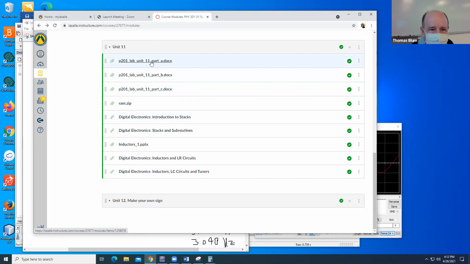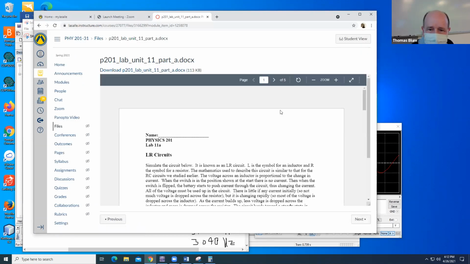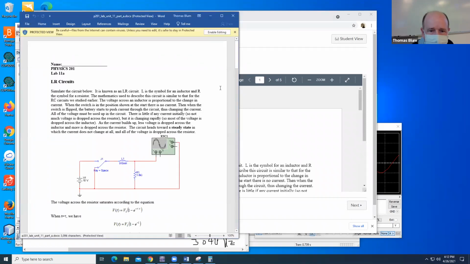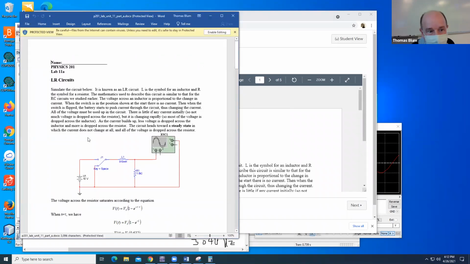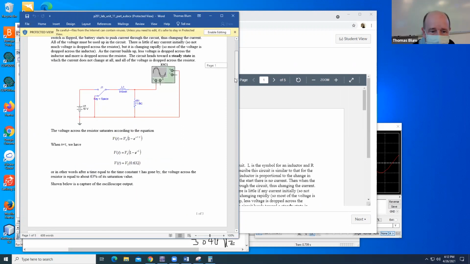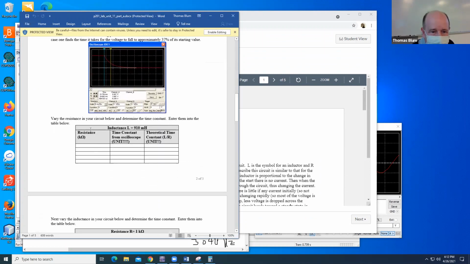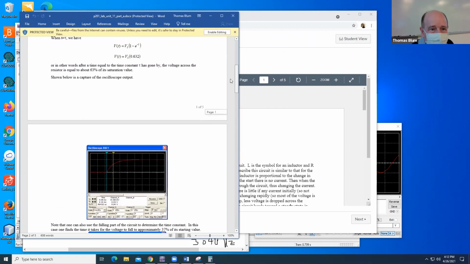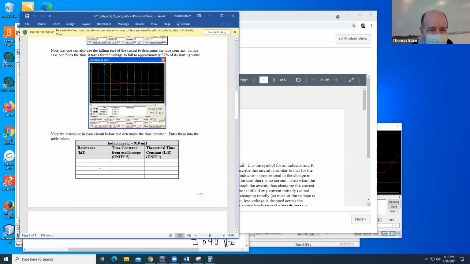So let me find that. It should be 11A, I believe. Okay, so here we're talking about 11A. There's that LR circuit that we talked about. And I ask you here to change the resistance.